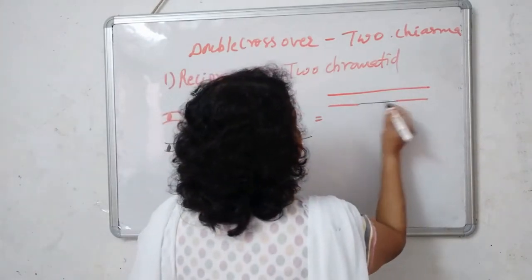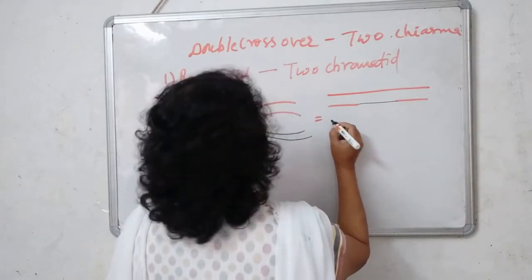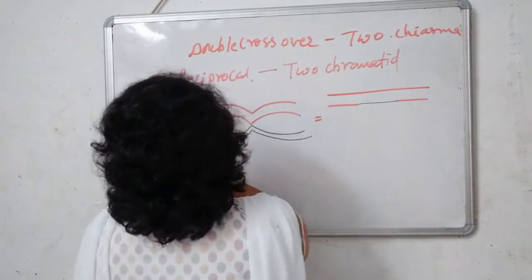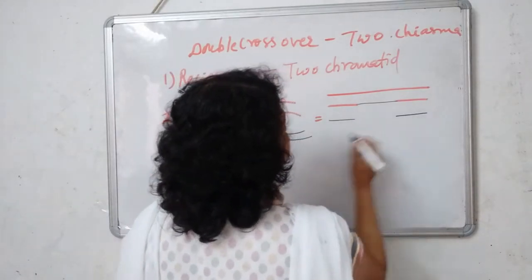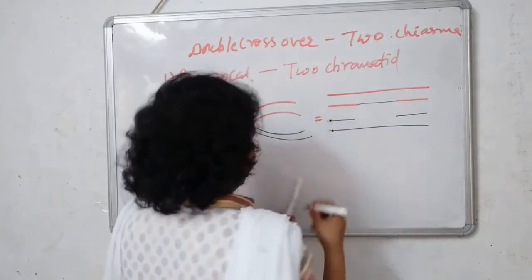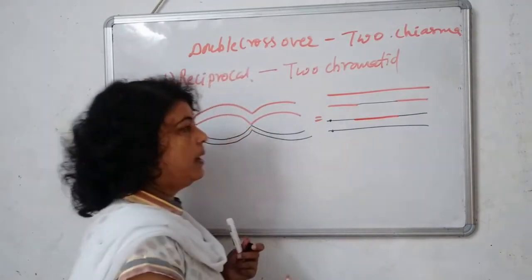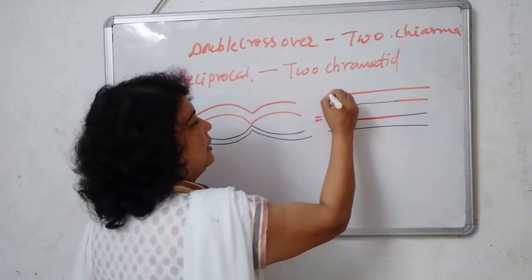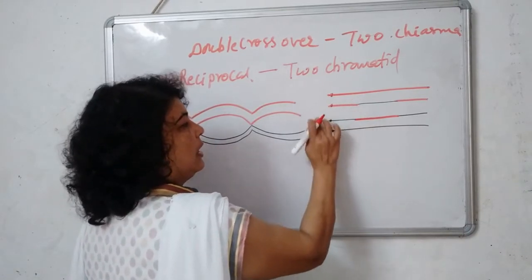Then here the central part gets exchanged, and therefore these two are the parental and these two are the recombinant.